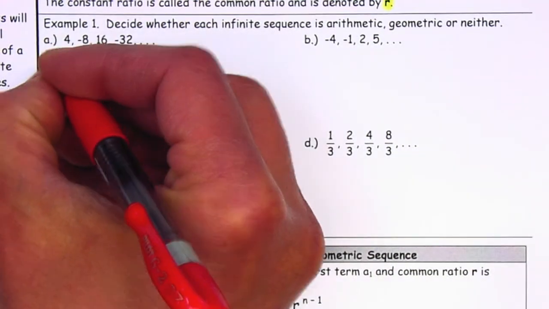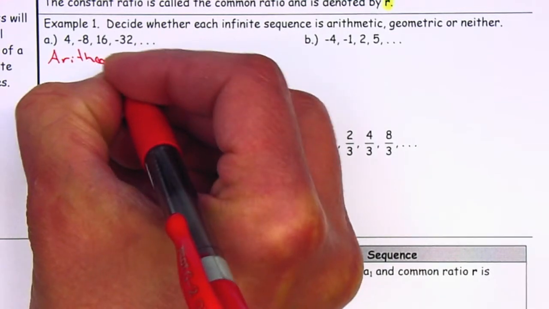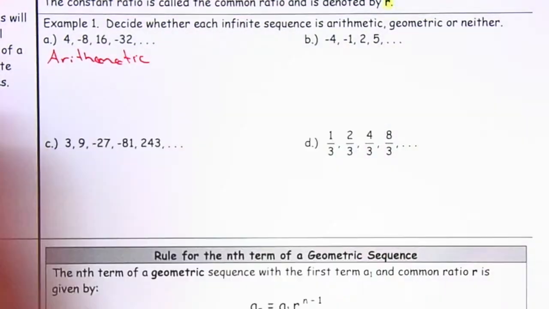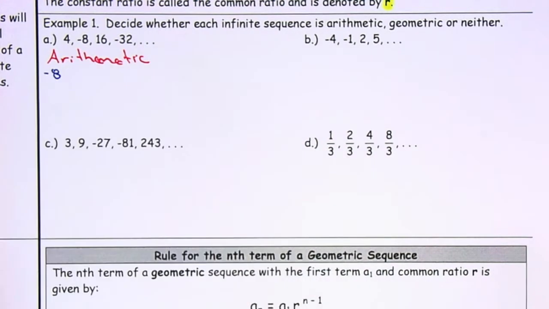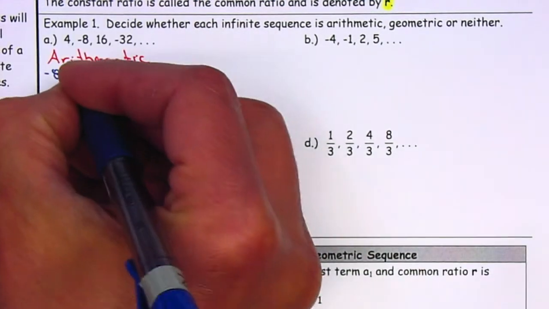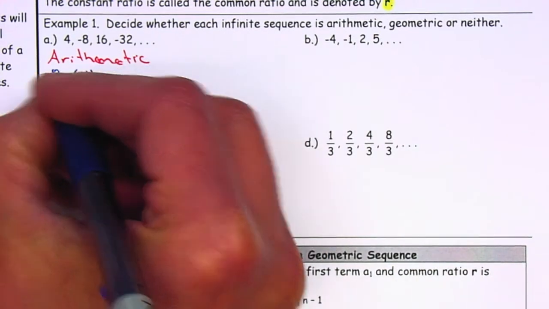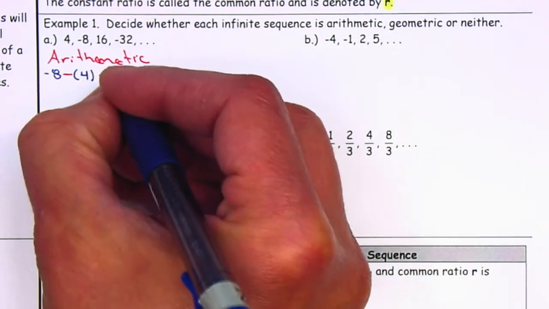Let's analyze the first one. Let's see if it's arithmetic. To decide if it's arithmetic, we need to find the difference. So we're going to take the second number minus the first number. -8 minus 4 is -12.